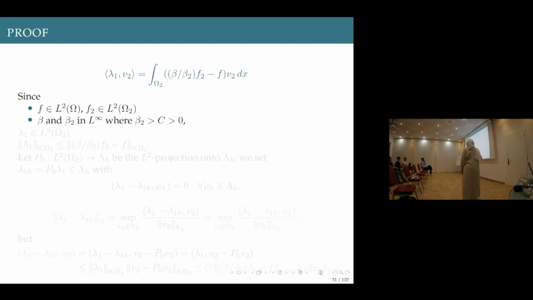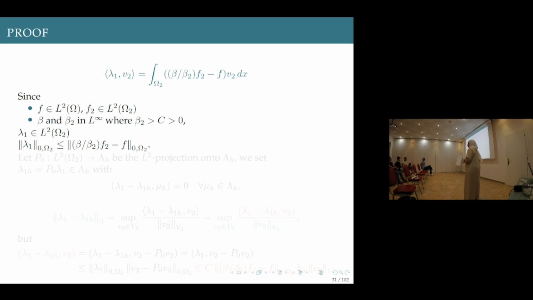So that means this whole thing is in L2, which makes v2 in L2, which makes lambda 1 in L2, in the dual space of L2, which is L2. So we can easily find that the L2 norm of lambda 1 is bounded by the L2 norm of beta divided by beta 2 times f2 minus f.